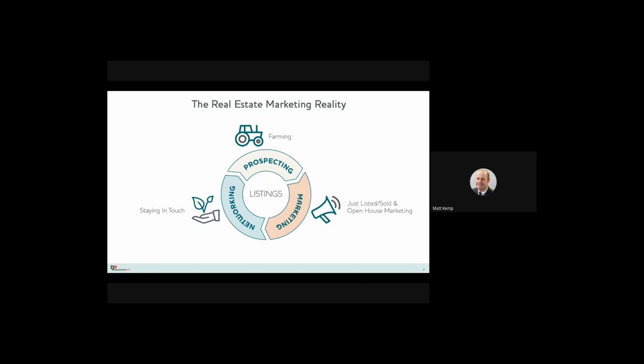So this is whenever you're going to be prospecting a new neighborhood, you want to set yourself as a market expert for this area. Through farming, you're going to start getting your listings. So then you're going to start doing just listed and just sold operations. After that, you're going to be staying in touch with all of these folks that you've touched with throughout your prospecting and marketing. So all of these operations are revolving around listings.